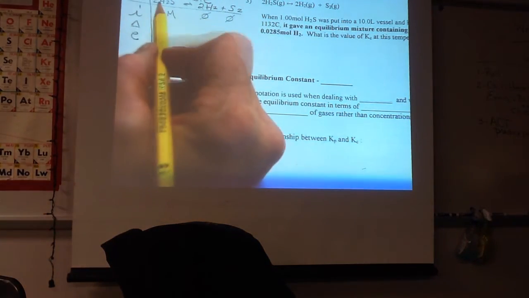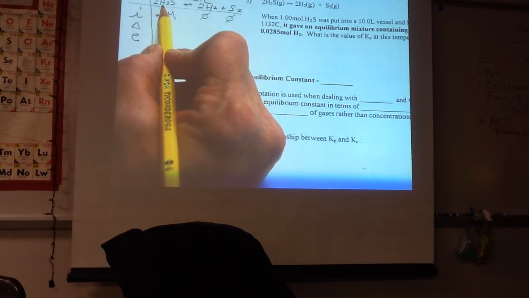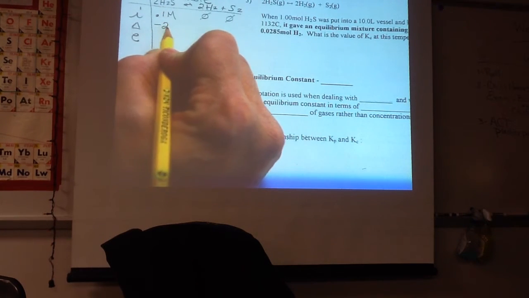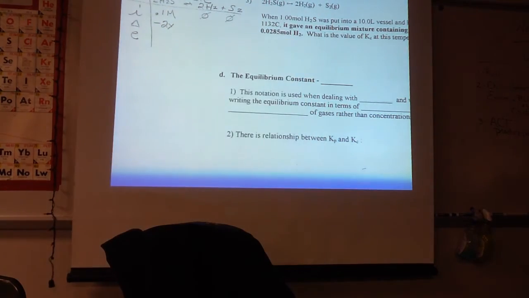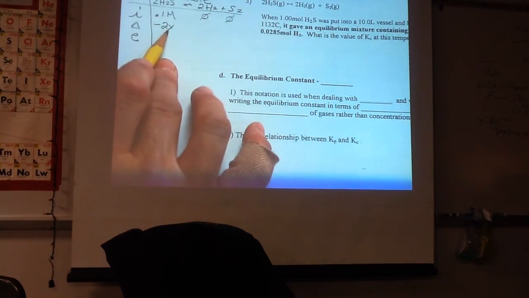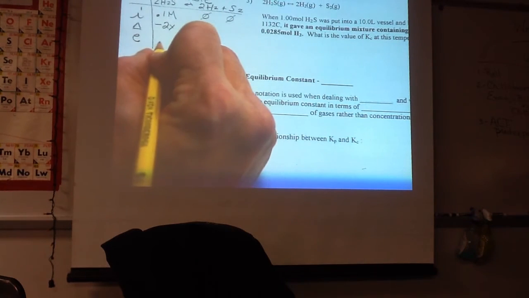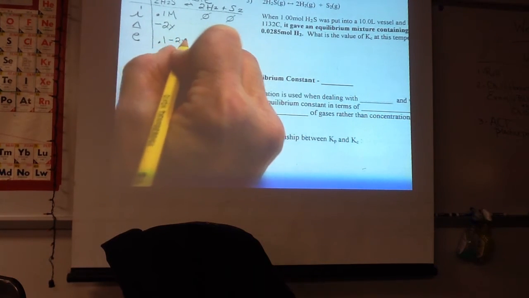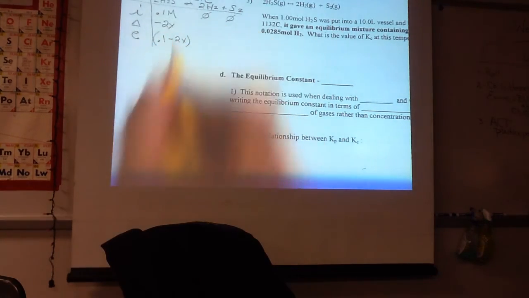All right, now here's our new piece. How does hydrogen sulfide reduce? By X or 2X? 2X. So we put minus 2X. Don't you put 0.1 minus 2? I will down under equilibrium, Kayla. This is initial and change, and then down here is the addition of the 2. 0.1 minus 2X.